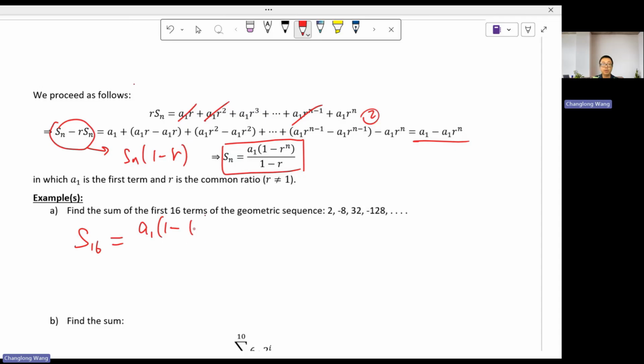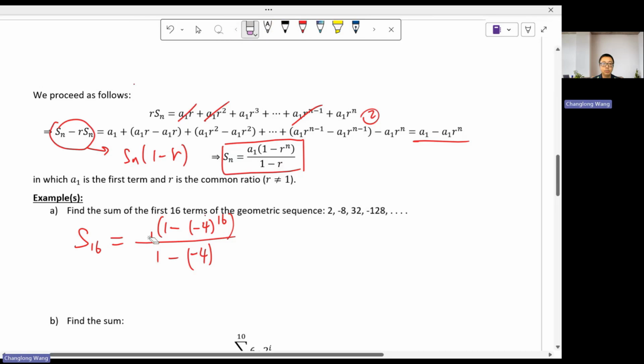So now let's make sure that we are taking negative 4 to the power of 16, right? Because that's the n, however many terms you're going to add up, divided by 1 minus negative 4. Do you see that I'm getting paranoid with the parentheses? Because I want to make sure that the sign is correct. You are subtracting a negative common ratio. Okay? Oh, sorry. The A sub 1 should have been just 2, right?